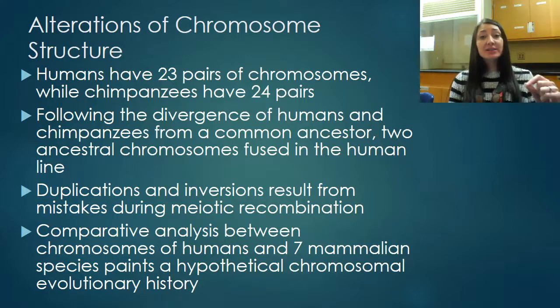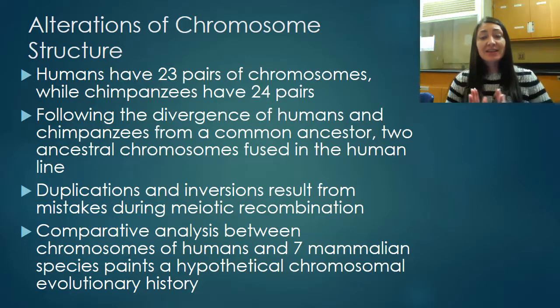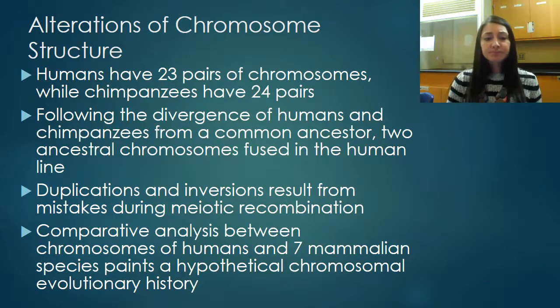So it decreased the total number from 24 to 23 chromosomes. That same event, that fusing of 2 chromosomes, did not happen in the chimpanzee line, and therefore anything that diverged from that ancestral line still has 24 chromosomes.